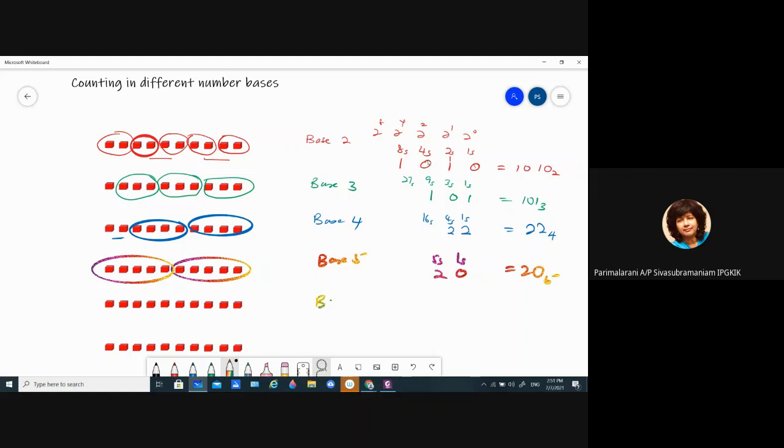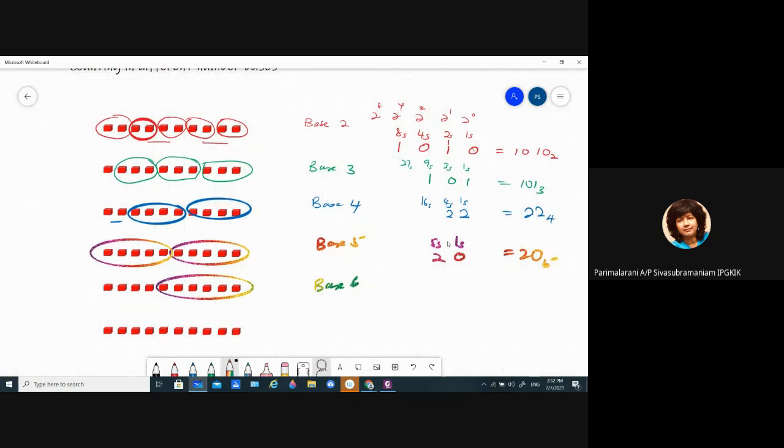If we had base 6, then we would group as one group of 6, remainder 4, not enough to form another group. So we have ones and sixes. We have one group of 6 and remainder 4, so 4 ones. So this is 14 base 6.